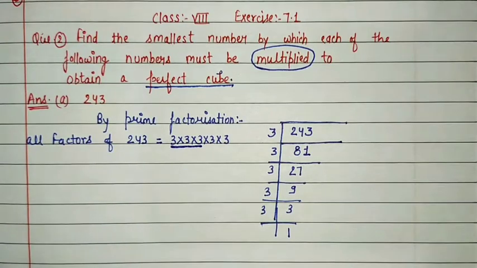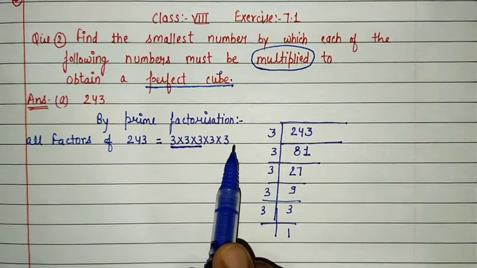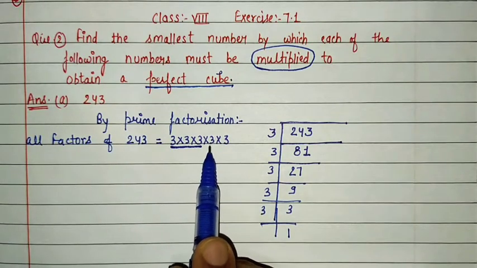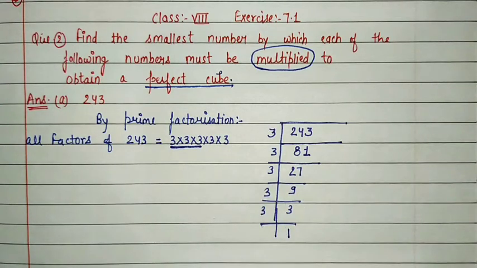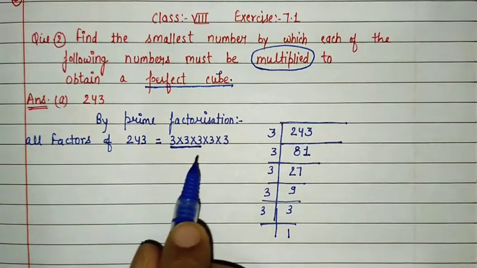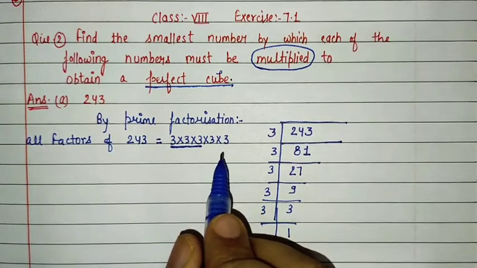Group of 3. Now 2 extra 3s are here, and we want a group of 3. To make this a group of 3, we multiply with a single 3. If we multiply this number with 3, then it will convert into a group of 3.